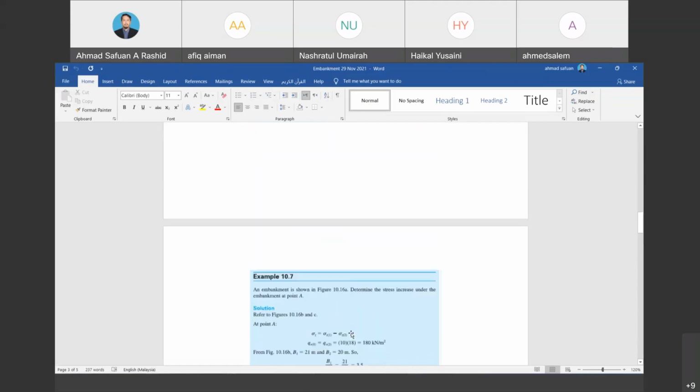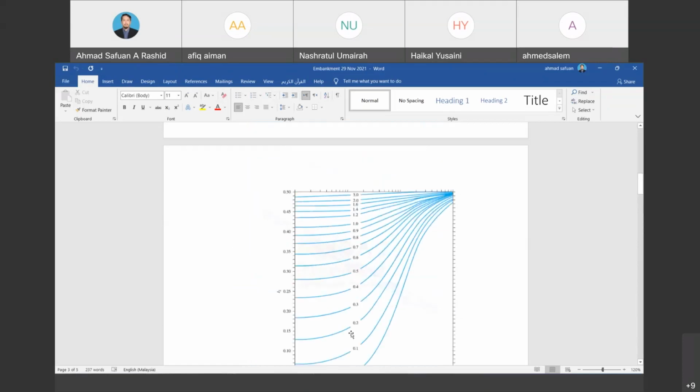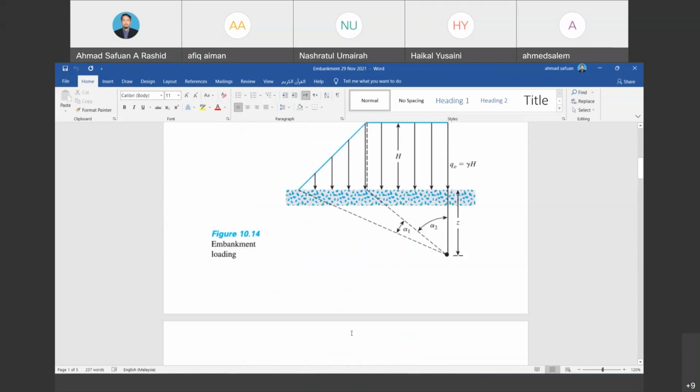I guess this diagram or this chart is only capable of solving problems related to this diagram. In that sense, we need to make sure that all the problems are similar to this diagram.